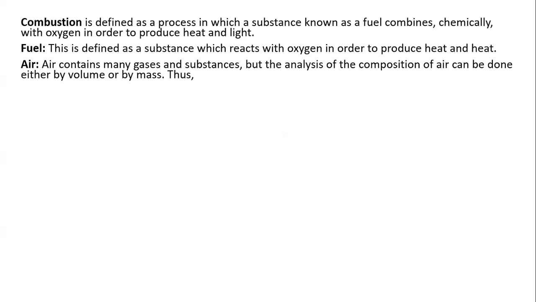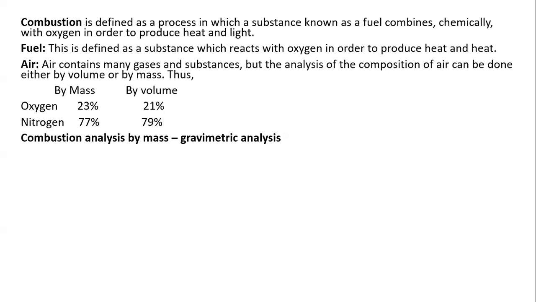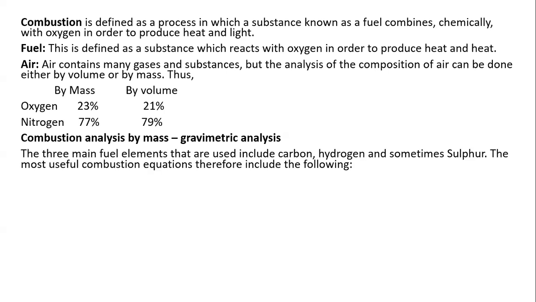But looking at the bigger picture, when we analyze by mass, it has 23% of oxygen, but by volume, it's 21% of the same oxygen. For nitrogen, we have 77% by mass, whereas by volume, it is 79%. So this analysis by mass is the one we call gravimetric analysis. Analysis by volume is volumetric analysis.